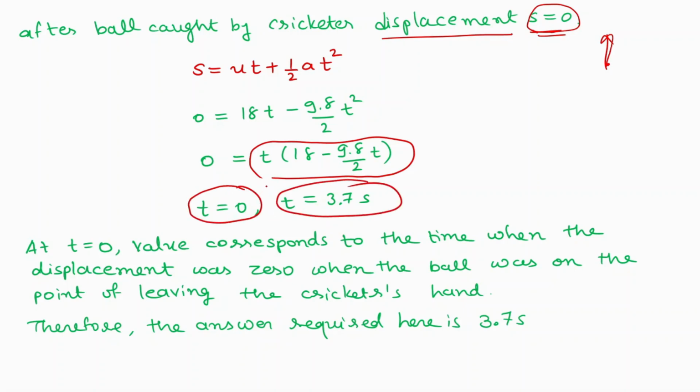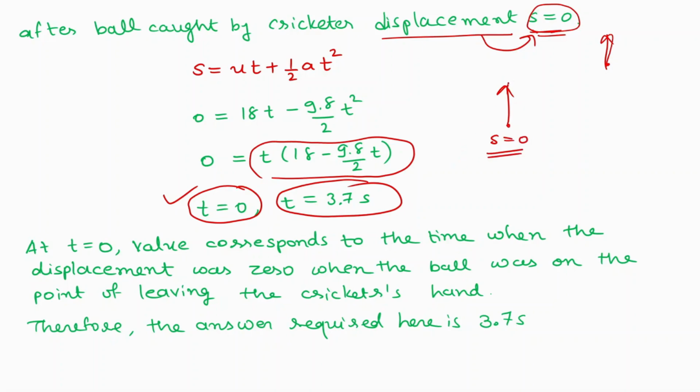So what is our answer for that? At t equal to 0, the ball is in the hand of the cricketer when it is about to be thrown in the upward direction. We take displacement as 0, so at this time we also have displacement 0.